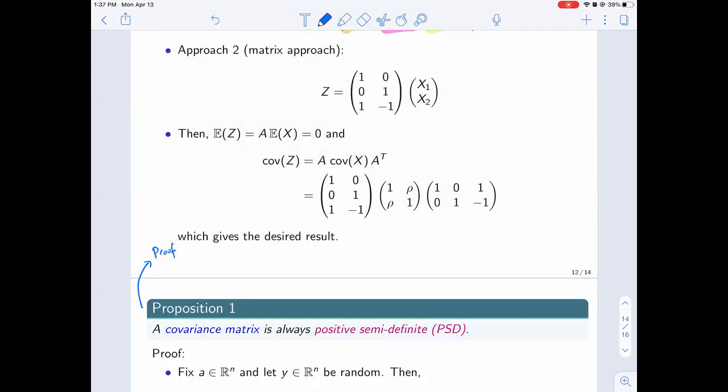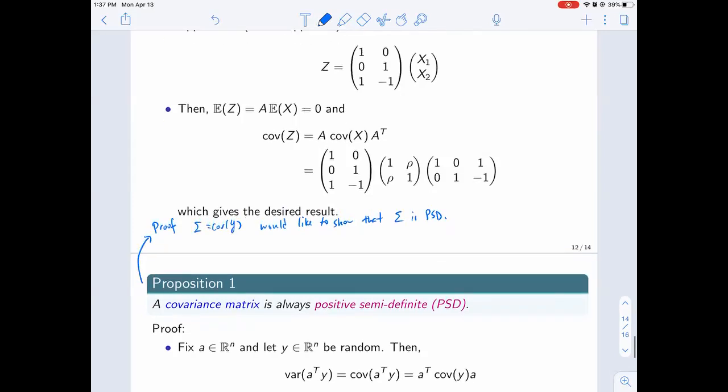Yes, so let's say sigma is the covariance of Y. We would like to show that sigma is positive semi-definite. What I can do is use the proof for any vector. I'm going to take a instead of x. In R^n, we need to show that A transpose sigma A is non-negative.